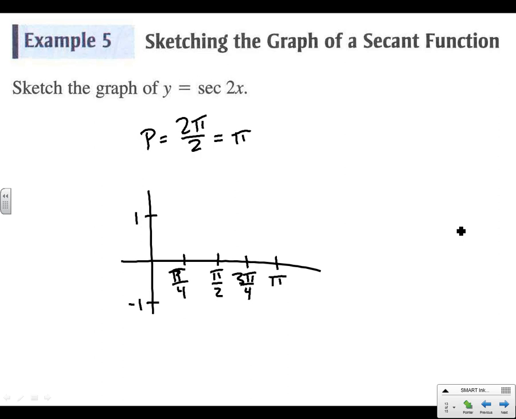Secant is the flip of cosine. So I'm going to do my 5 dots for a cosine. Start high, finish low. Okay. Anywhere that I have a 0, I'm going to draw an asymptote.